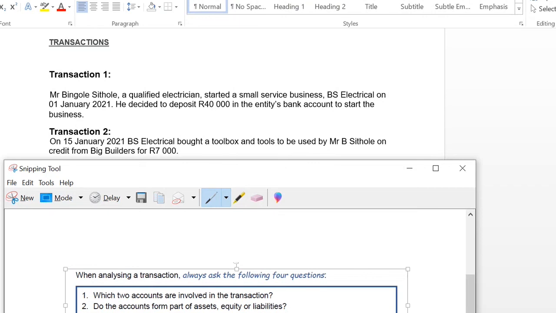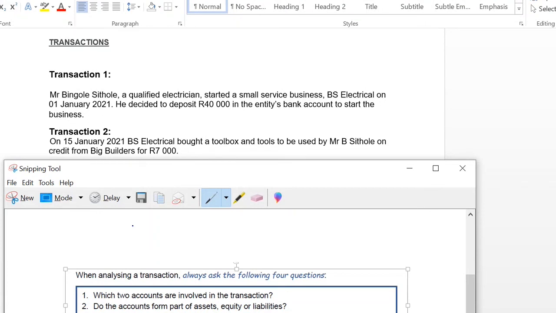Number 3, did the asset, equity, liability increase or decrease? It increases. Remember, it's two accounts. So you're saying both are increasing? Cynthia is saying assets are increasing.